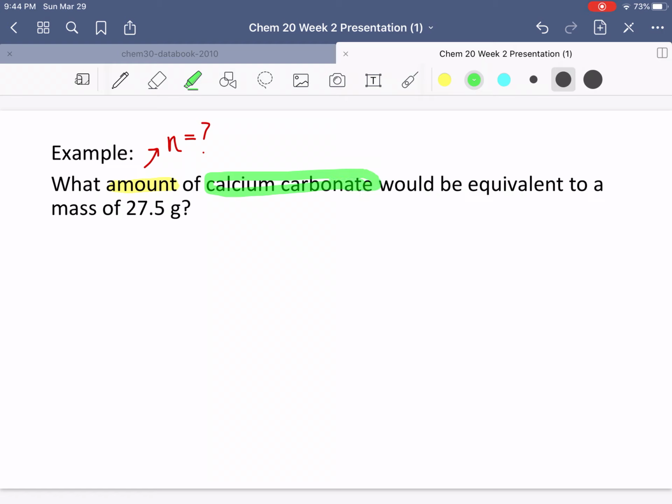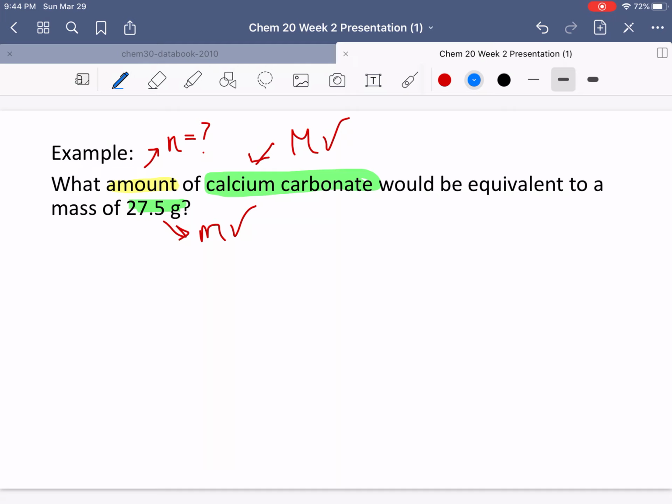You need to know what chemical you're dealing with so that from that you're going to be able to figure out what molar mass is. And, hey, there we go, good news, mass has been given to us. So we're in pretty good shape in terms of getting what we need. Mass is given, molar mass you can find, and N, the number of moles, that's the goal of the whole question.